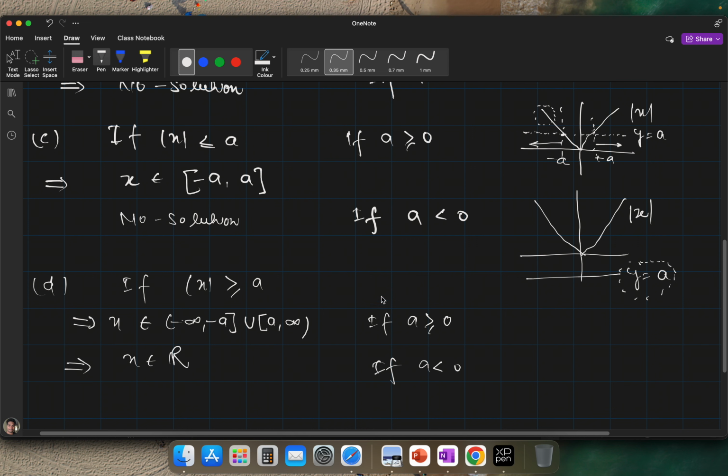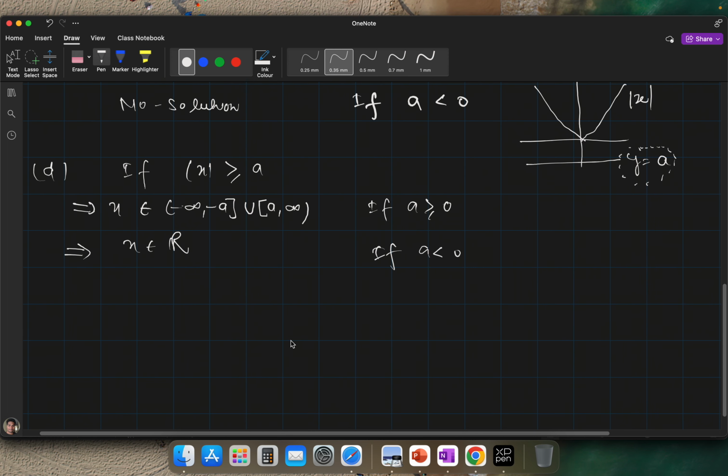In this case the solution will be all real numbers. Whatever x you put here will give the solution if a is negative. Fine? Tell me. Yes, sir. Okay.